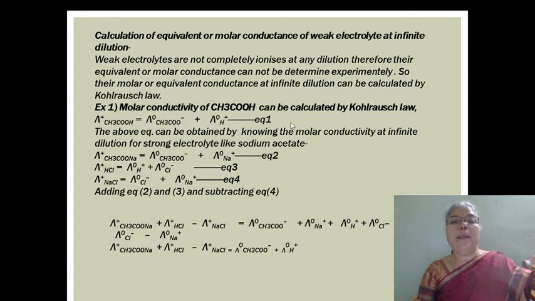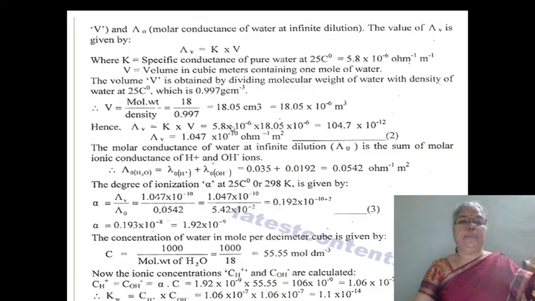That means by knowing the equivalent conductances of strong electrolytes, adding some electrolytes and subtracting some particular electrolytes, we can find the lambda 0 of any weak electrolyte, and by using this method we can find either the molar conductivity or equivalent conductivity at infinite dilution of weak acids.